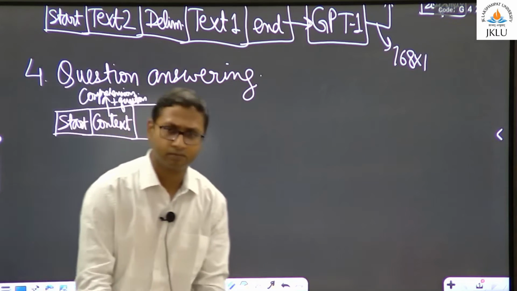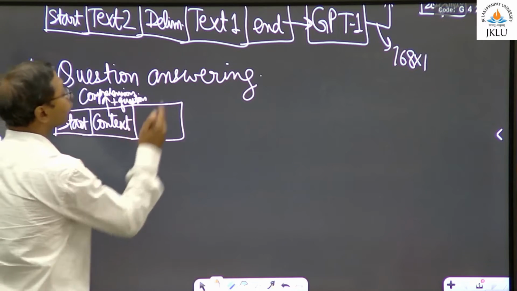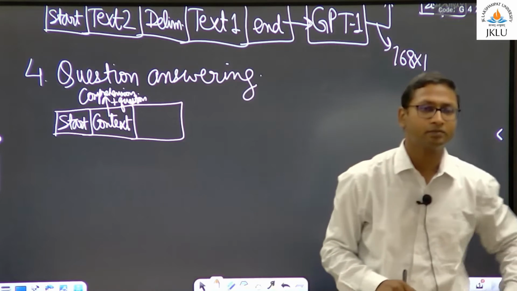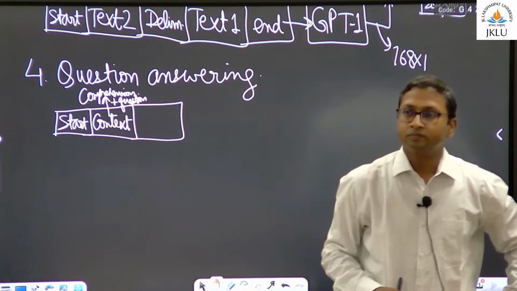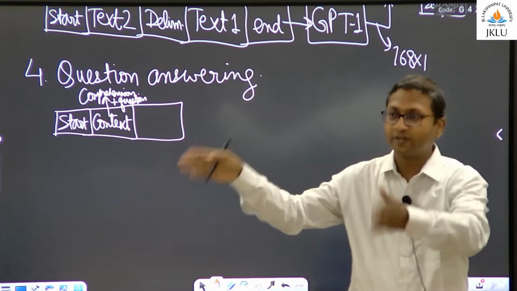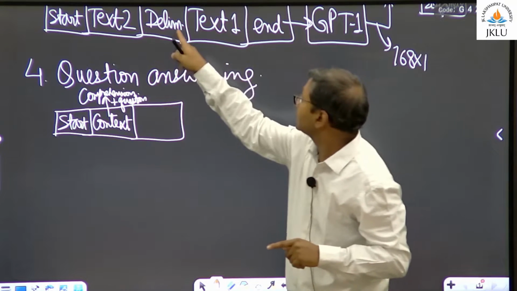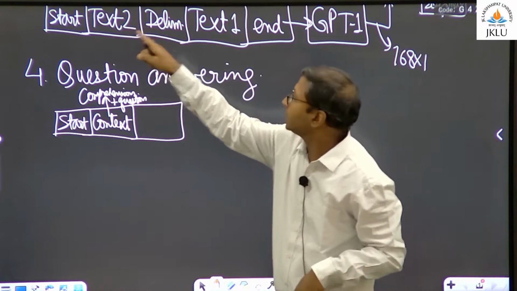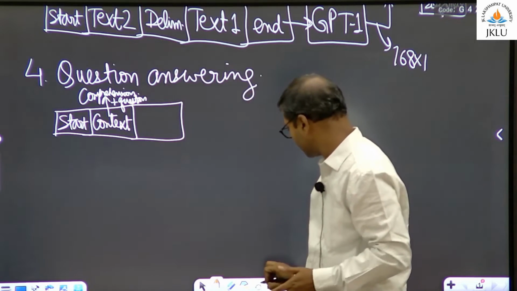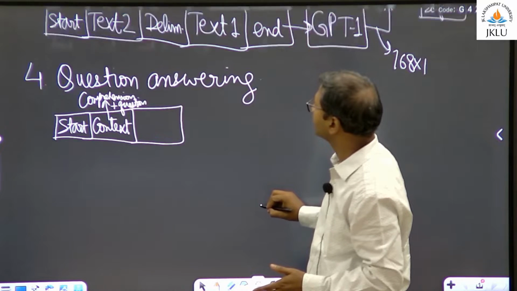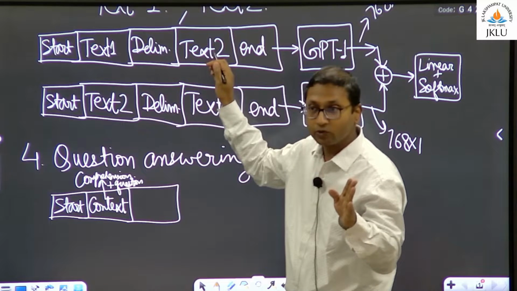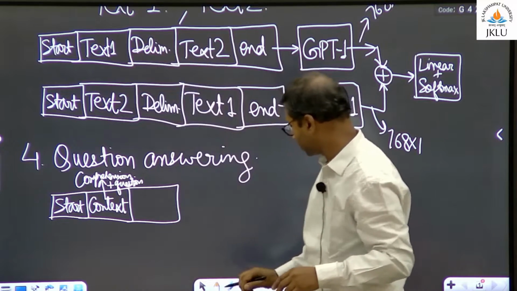Now you can guess. There has to be a delimiter. What is this delimiter, by the way? What does it mean? What is the purpose? Right. So it separates the two pieces of text. So this is not a continuation of text 2. It's a separate one, right? Similarly, this is not a continuation of text 1, and so on.